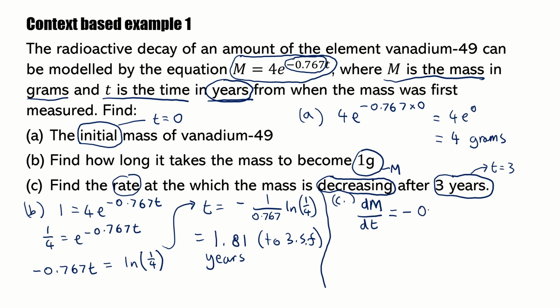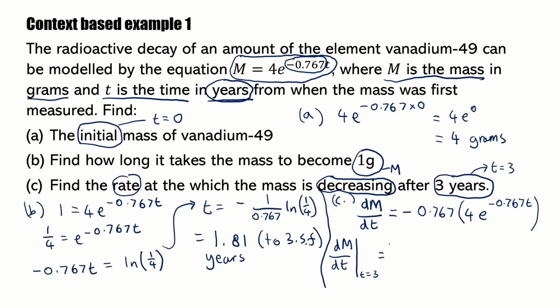So minus 0.767 times 4 lots of e to the minus 0.767t. So that's what the derivative is. Of course, again, you could combine the 4 and the minus 0.767 by multiplying them, but I'm not going to bother because I know we want what dm over dt is at specifically t equals 3.